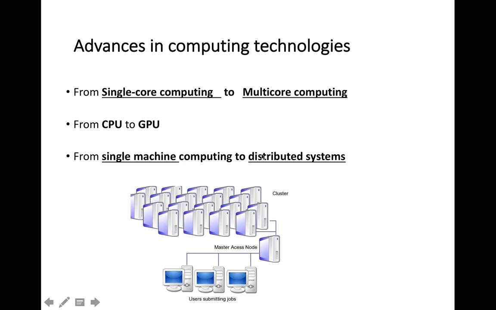Distributed means many machines connected by a network. Then you do some work, and they can do the work in parallel. That's called cluster-based computing. We call it a distributed system.